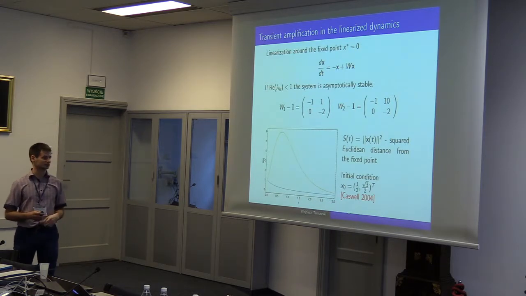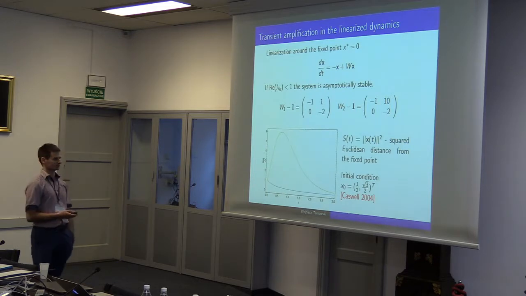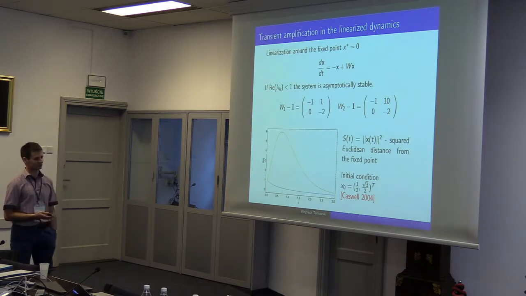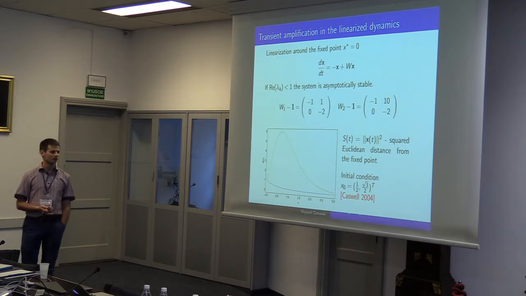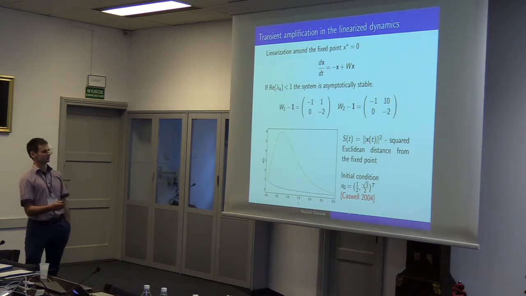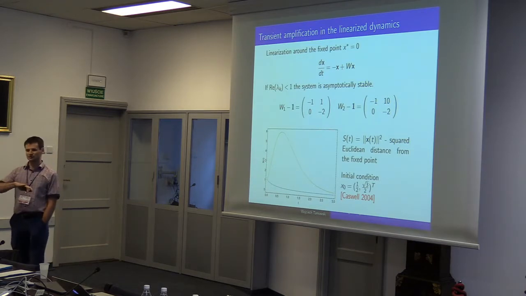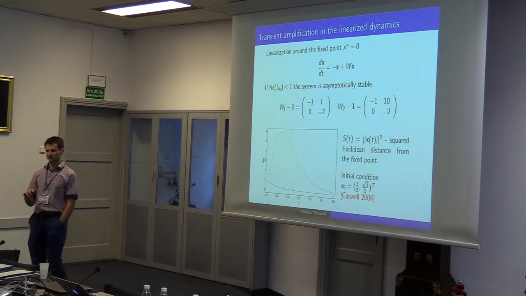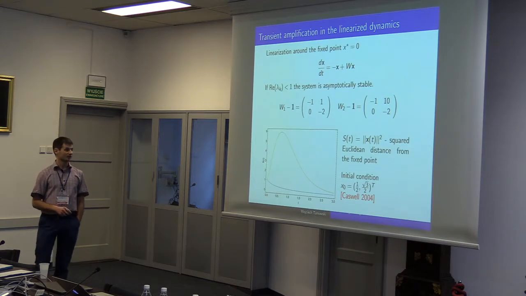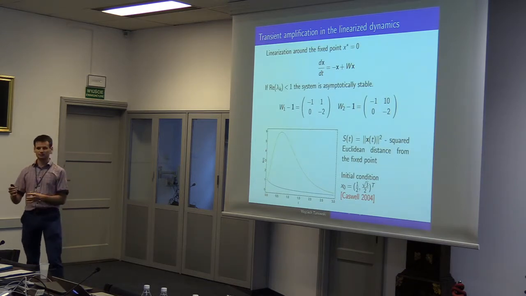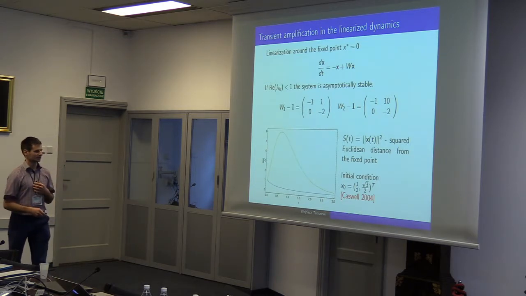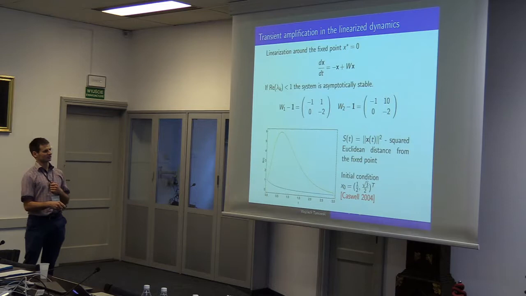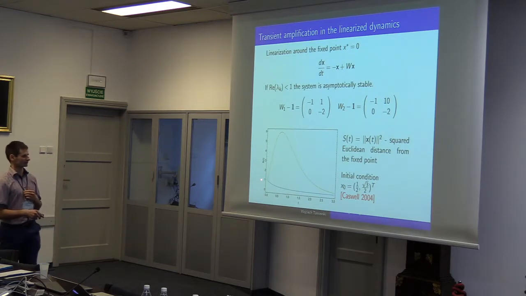People were discovering this in different communities independently, and it became important in the context of neuroscience because this amplification of the squared norm, or this drifting away from the fixed point at the beginning of the dynamics, was proposed as a mechanism of amplification of neural signals, in the sense that if a neuron is excited by some external source, its activity is kept at a large value for a long time before it starts decreasing.